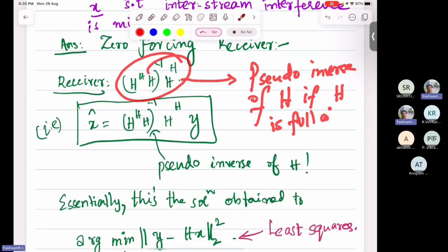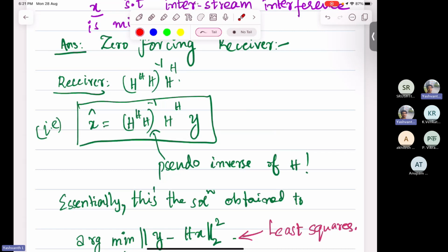Because if H is not full column rank, this matrix is not defined; you cannot find the inverse, so this is not valid. If H is full column rank, the pseudo inverse of that matrix is given by H Hermitian H the whole inverse H Hermitian. Or if all the matrices are real, then it's called H transpose H the whole inverse H transpose.